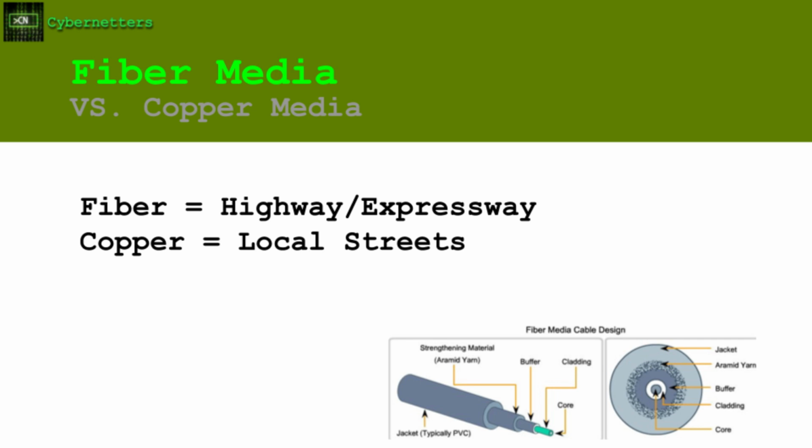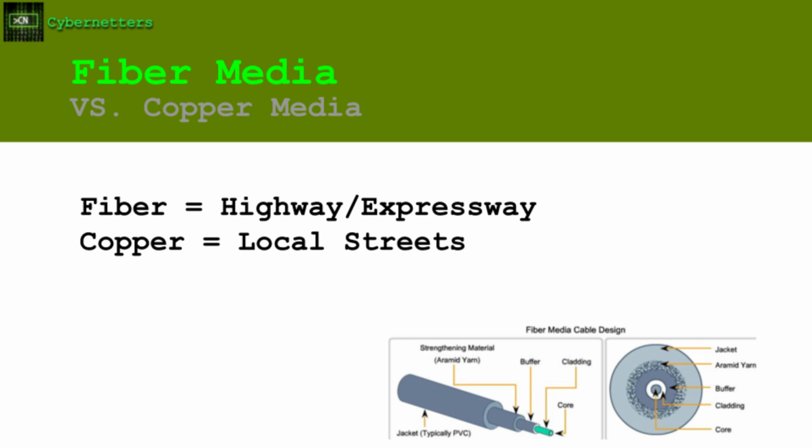If you're having trouble remembering what fiber and copper are, what I would do is compare fiber optic to a high-speed expressway where cars or data can travel at extremely high speeds without interference or slowdowns. High-speed expressways are best for long distances like between cities and across states, and they're more expensive to build.